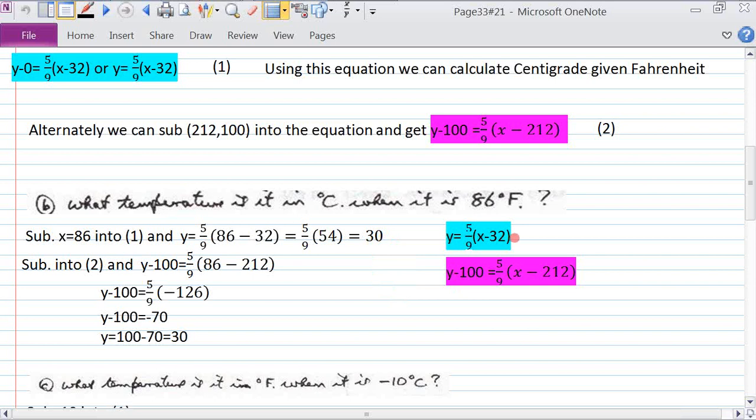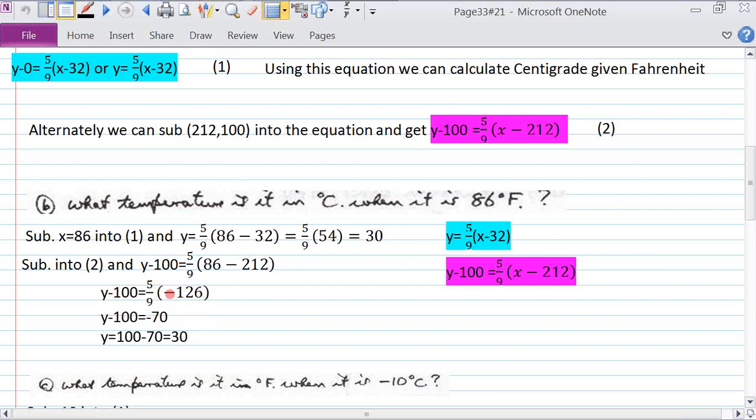Now, we used this equation. What if we use the other equation, equation 2, and we substitute into 2? y minus 100 equals 5/9 times x. Instead of x, we're going to put 86 minus 212. And so this becomes y minus 100 is 5/9 times, 86 minus 212 becomes minus 126. 9 goes into minus 126 minus 14 times, and 5 times minus 14 is minus 70.